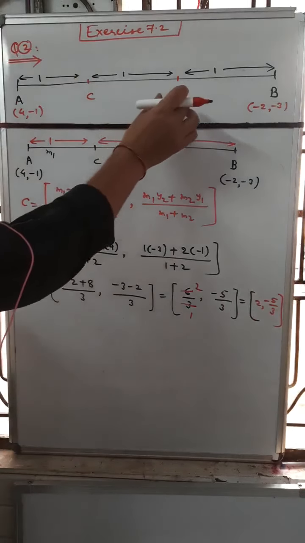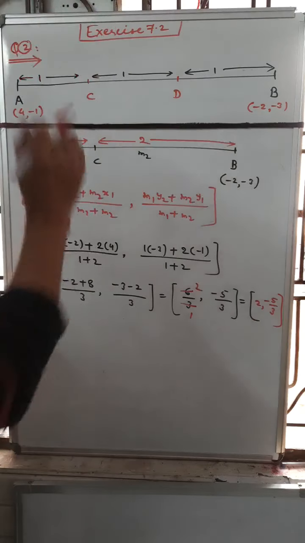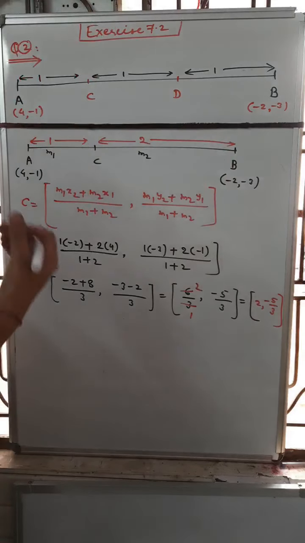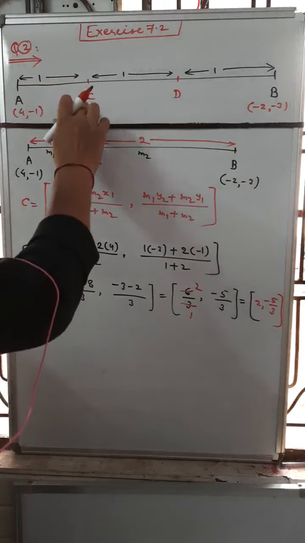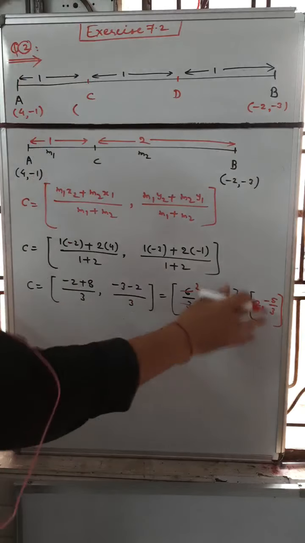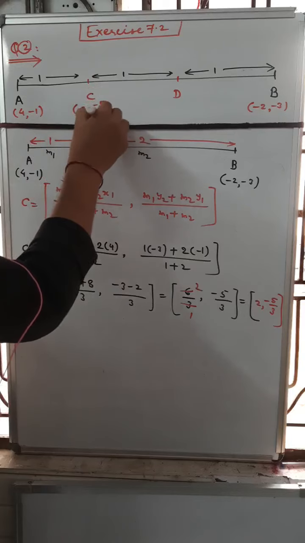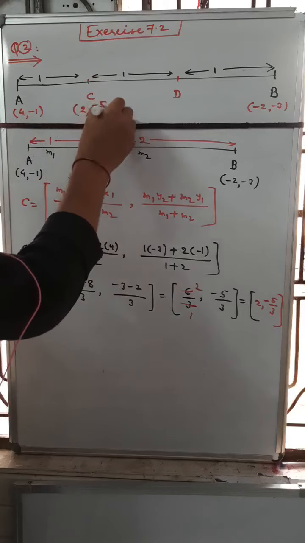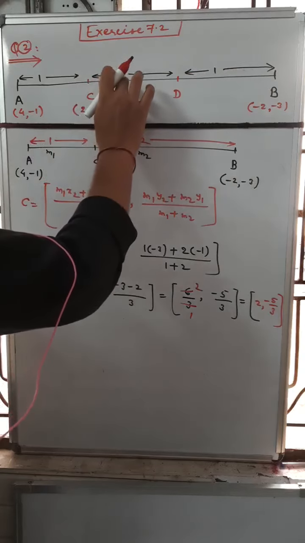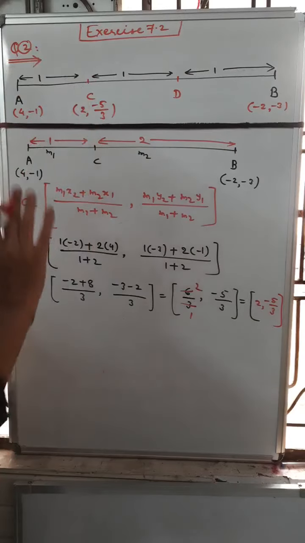Now we have to find out the coordinate of D. So there are 2 or 3 methods for finding the coordinate of D. If you are having C, C is equal to (2, -5/3), you can take this line CB, which is divided in 1:1, and put the values here.